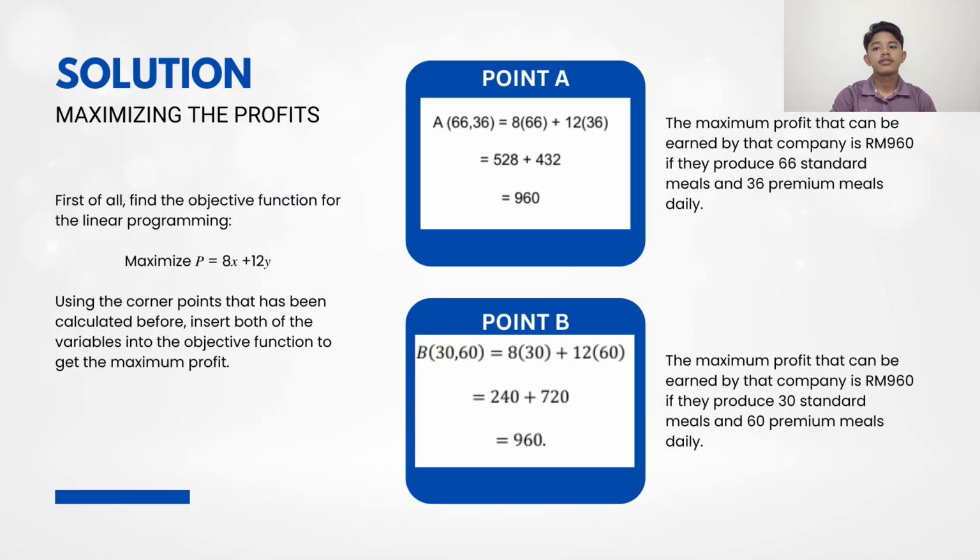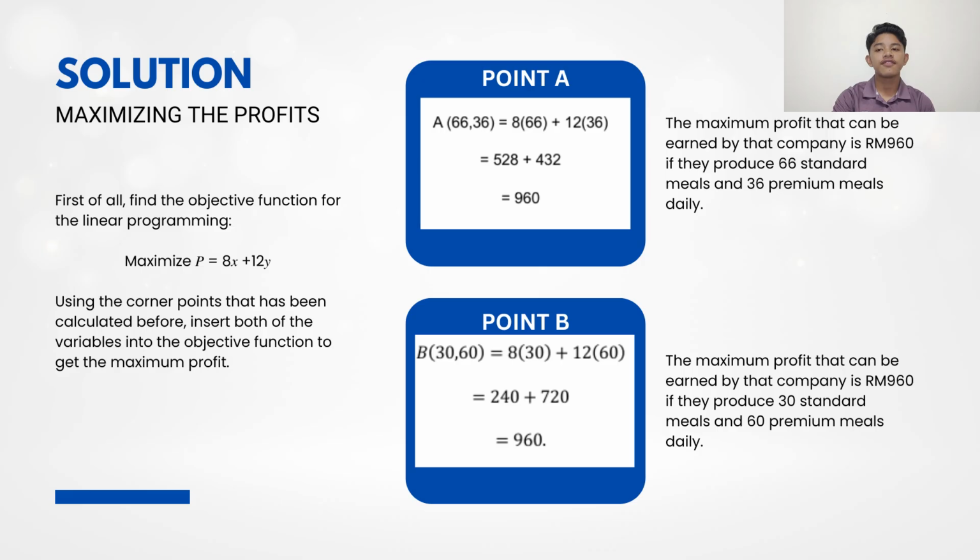So to solve this problem, where we want to maximize the profits that we gain from selling the standard meals and also premium meals, we must find the objective function for the linear programming.